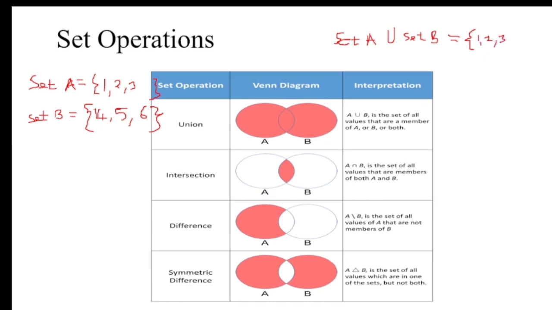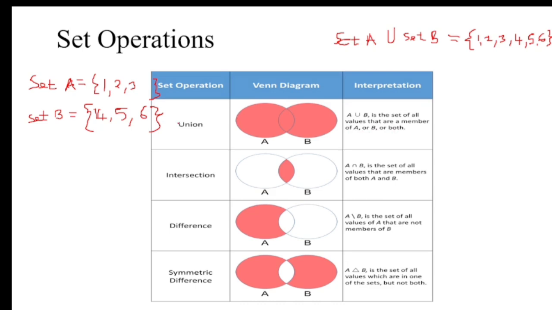And then we have union set P. We'll have 4, 5, and 6. Yeah, so we have all elements of set A or P or both.